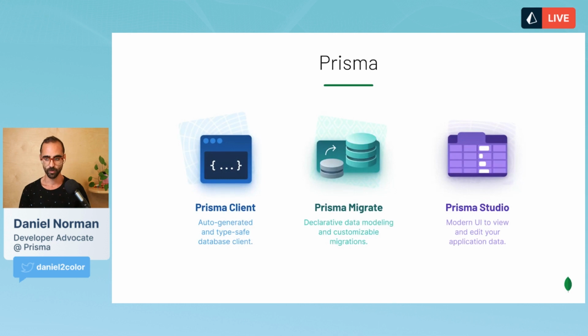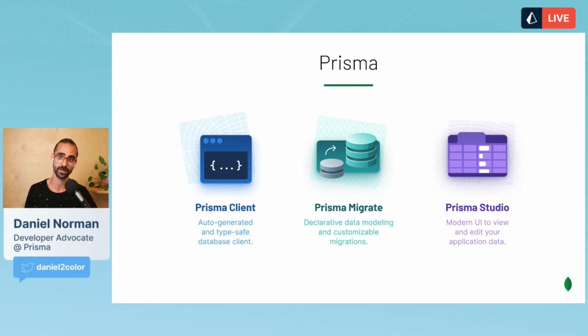So I've mentioned Prisma a bunch of times, and it's worth giving an overview of what Prisma is. Prisma, as I mentioned, is a next generation ORM for TypeScript and Node.js, and it consists of three tools. The first one is Prisma Client, which is an auto-generated and type-safe database client. This is generated for you based on the Prisma schema.